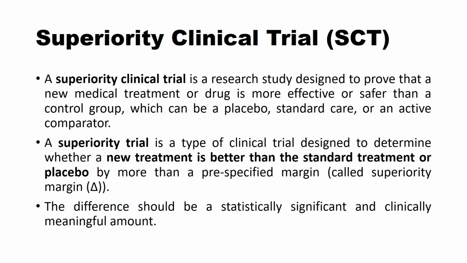The term superiority margin is a delta. So drug A, group A, is better than group B at least by some pre-specified margin. This pre-specified margin is called the superiority margin, which is the delta in a superiority clinical trial.